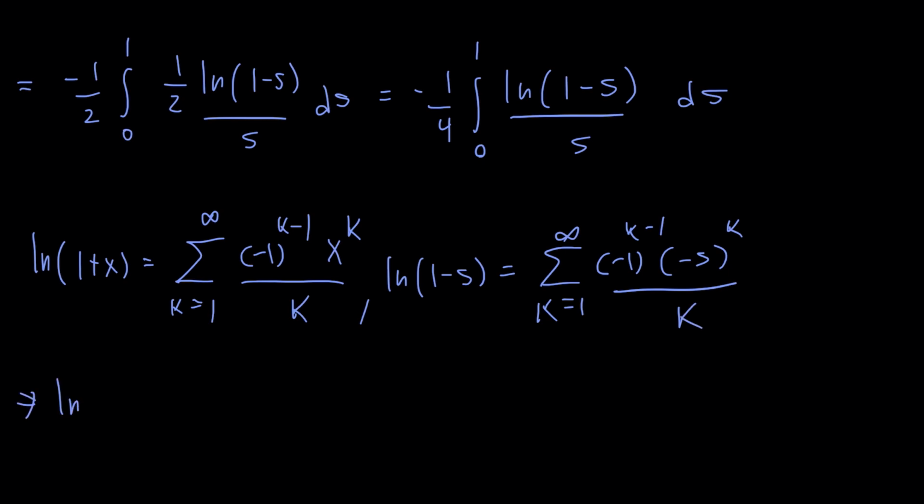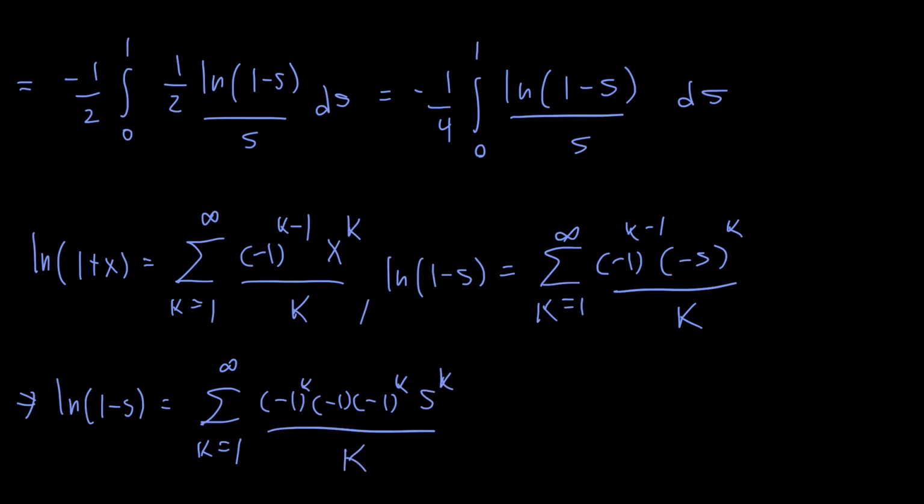We can rewrite negative 1 to the k minus 1 as negative 1 to the k times negative 1, and negative s to the k as negative 1 to the k s to the k. These negative 1 to the k's end up being a 1, and we'll have a negative, the sum from 1 to infinity of s to the k over k.